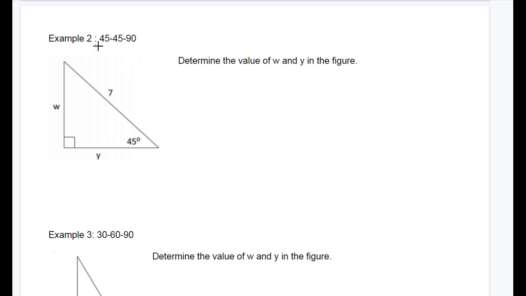So here we have a 45-45-90 triangle again, but this time we don't have either of the legs, but we do have the hypotenuse. Remember, these are in the proportion S, S, S root 2. So we know that S root 2 equals 7.